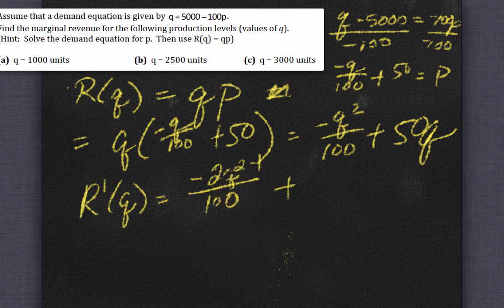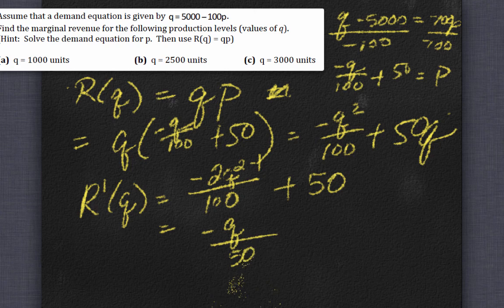Plus, this is a line, so I can just take the slope. If it's just times Q, it's just the slope. So that's a 1 to the 1 minus 1 gives you to the 0. I'm just going to reduce that. So negative Q over 50 plus 50. So the 2 over 100 made the 50, and the 2 minus 1 makes it just Q.